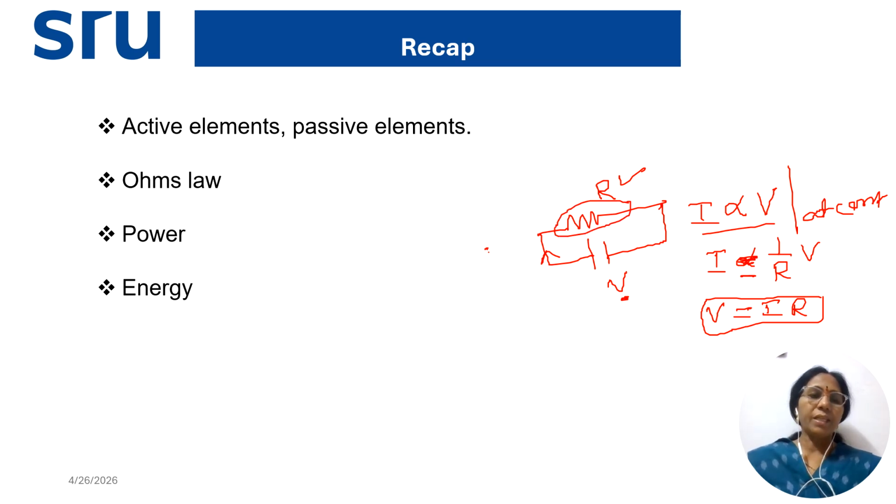Okay. Then after Ohm's law we discussed power. So what is electrical power? Simply it is a product of voltage and current, that formula we have seen, and the unit is watt. The next is energy. Energy is a product of power and time.